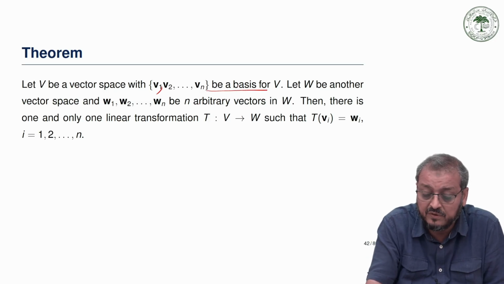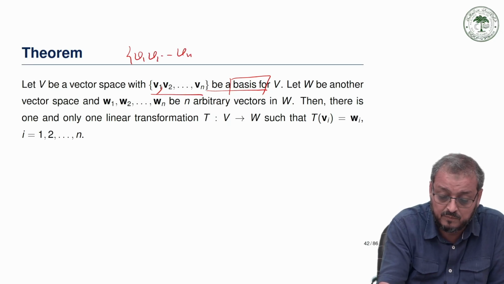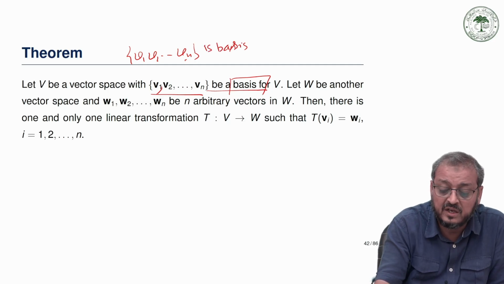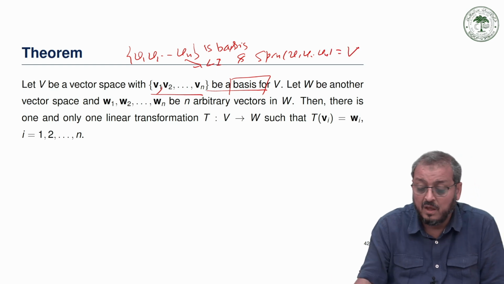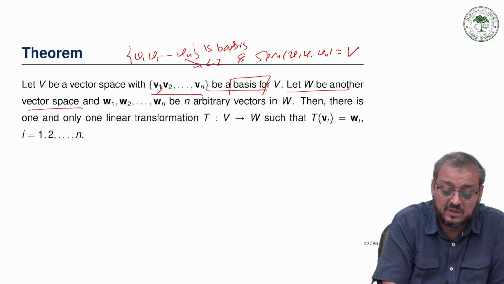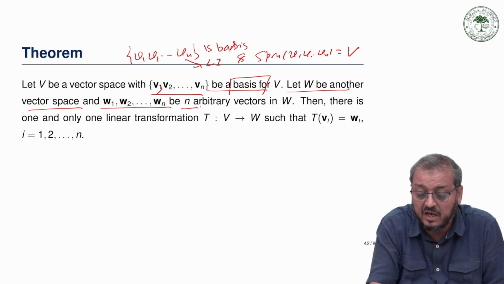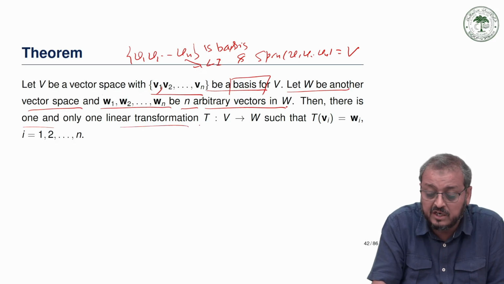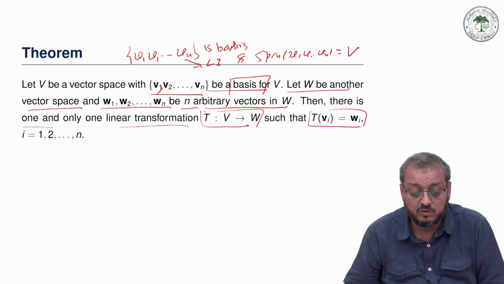This means these vectors V1, V2 up to Vn form a basis, so two things hold: they are linearly independent, and the span of V1, V2 up to Vn is equal to V. And let W be another vector space, and W1, W2, up to Wn be arbitrary vectors in W. So we choose these n arbitrary vectors in W. Then there is one and only one linear transformation T of V such that T of Vi is equal to Wi.